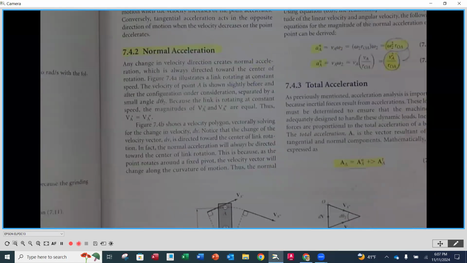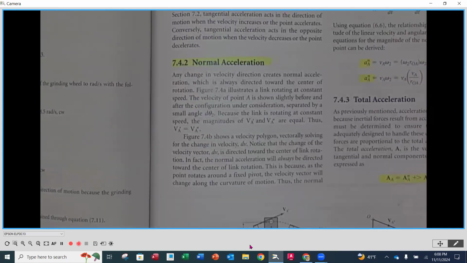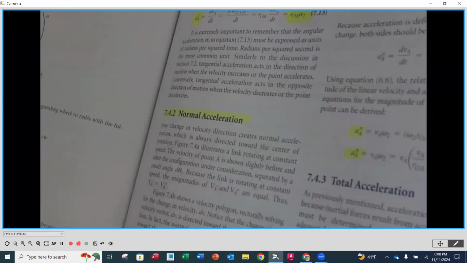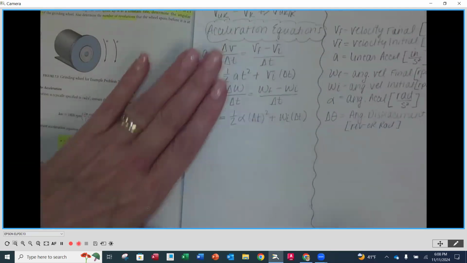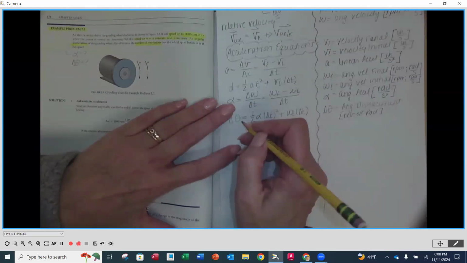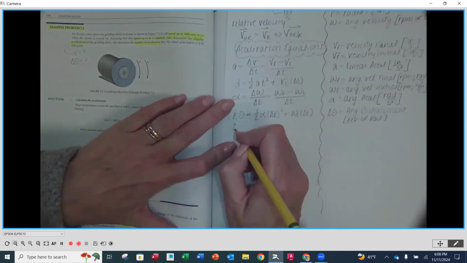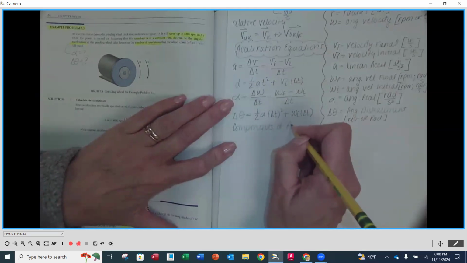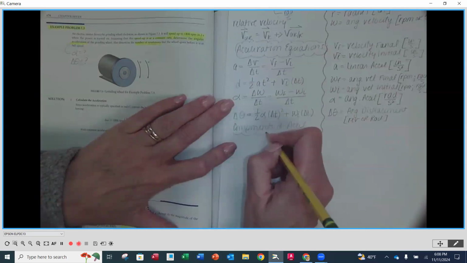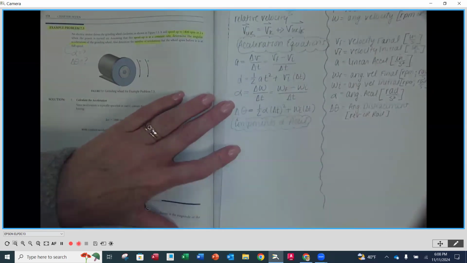So what we're going to do is add those back to our equation sheet. Oh, it's underneath here, my equation sheet. So let's add these two to our equation sheet. So I'm going to add a section here, components of acceleration. Okay, and I have two of them.